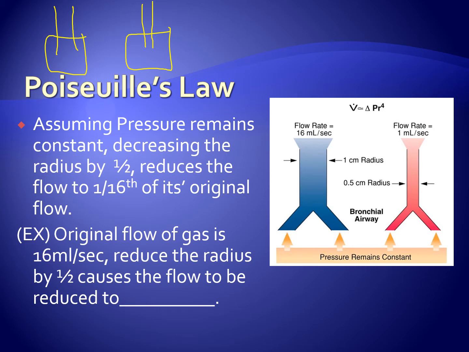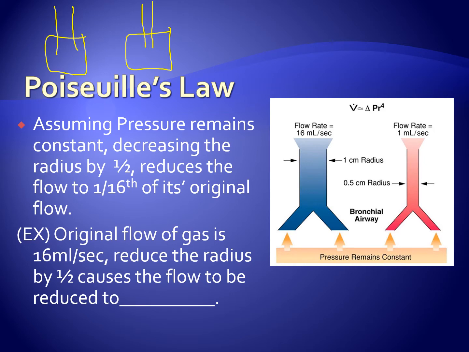If you're using the same suction pressure when you're drinking out of these different size straws, calculate what change will happen to the amount of milkshake going into your mouth. Assuming your pressure is constant, and we reduce the size of the straw by half, our radius is decreased by half, this is going to be a 16-fold change in your flow rate.